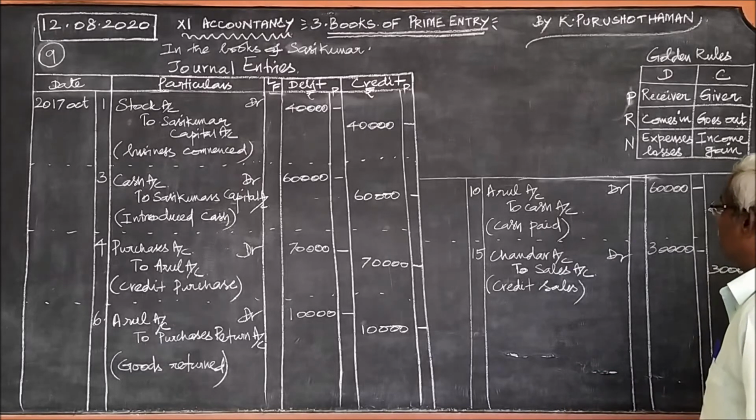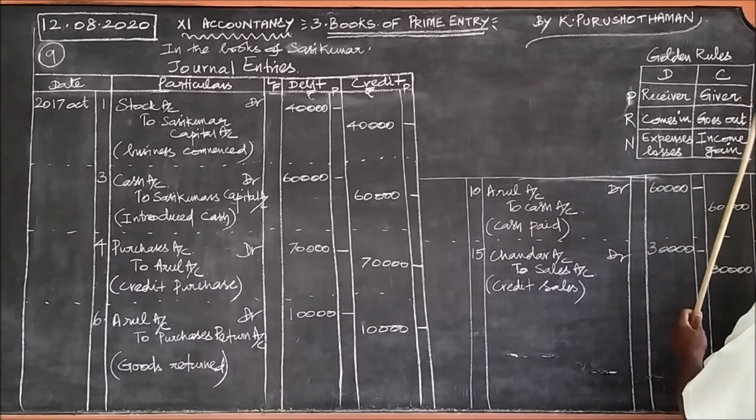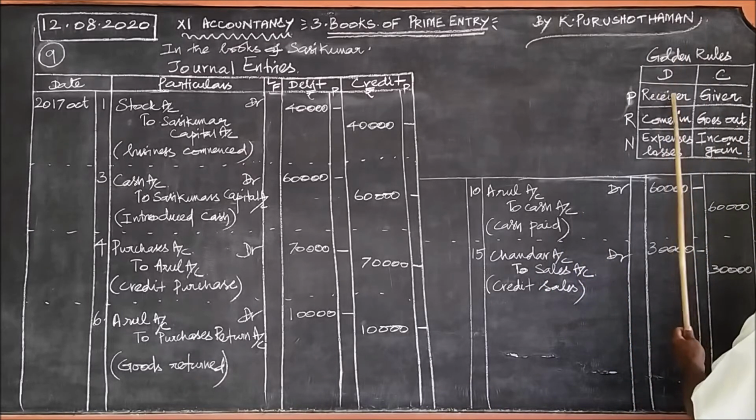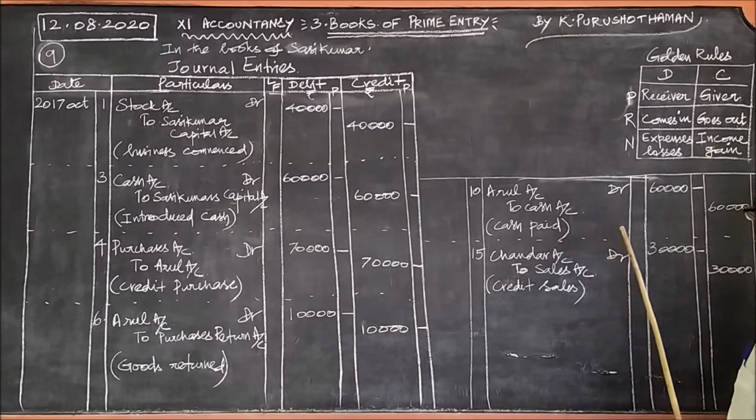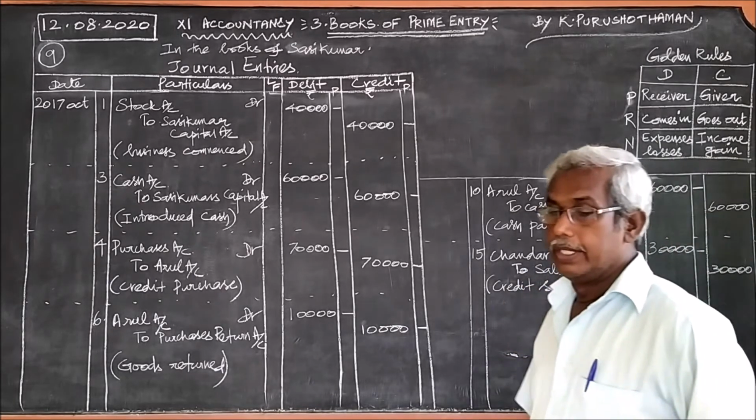When goods are sold to Chandar, Chandar is the receiver. Therefore, Chandar account debit. What goes out when goods are sold? Goods go out, but we don't write the goods account. Instead, we write the sales account. This is on 15th.